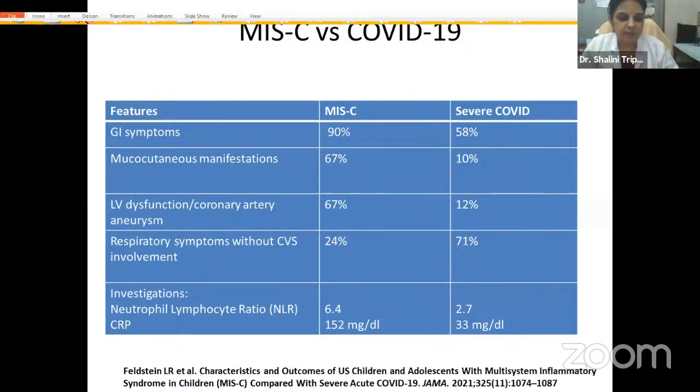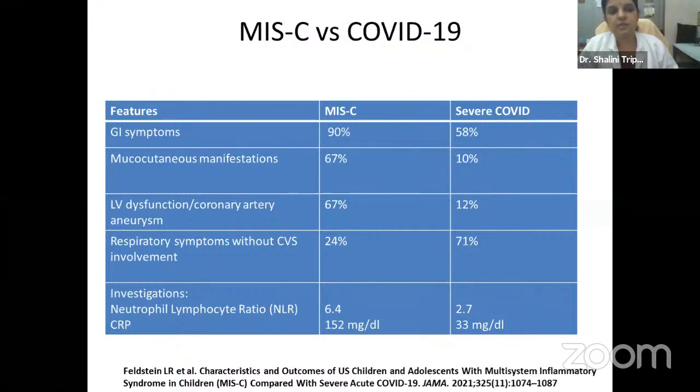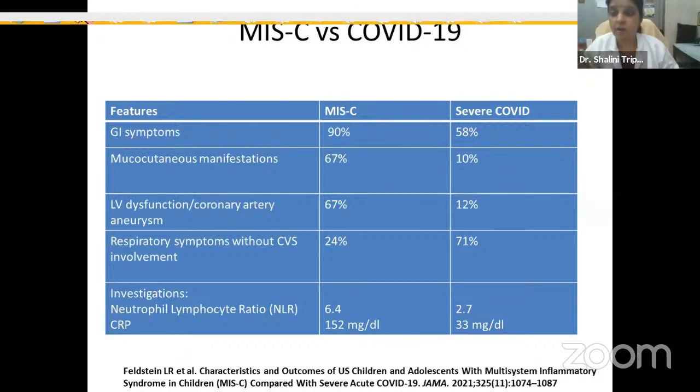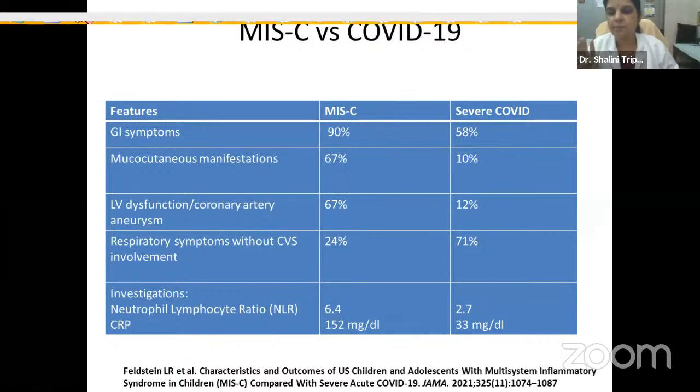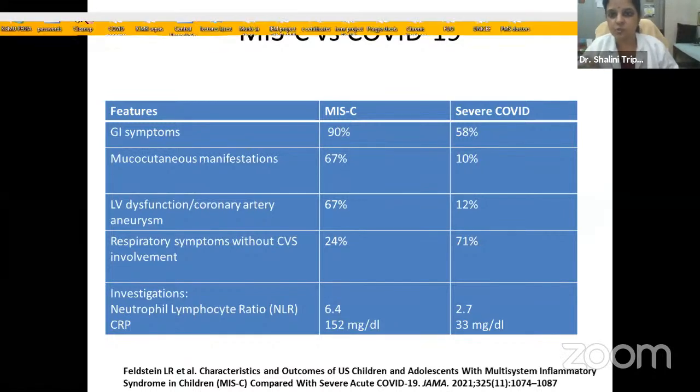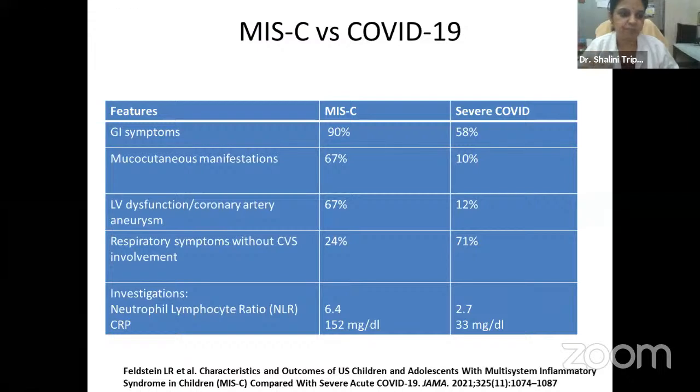But respiratory symptoms without CVS involvement, that is, no coronary artery aneurysm and an absolutely normal echo, with only respiratory symptoms, are seen in patients with severe COVID, because severe COVID mainly affects the lungs and produces an ARDS-like picture.